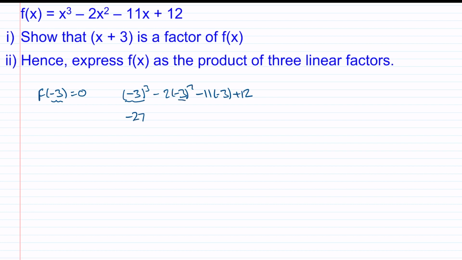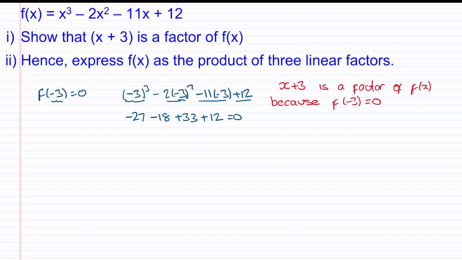Negative 3 squared is 9. 9 times 2 is 18. So minus 18. Negative 11 times negative 3 is positive 33. And then add 12. And this does make 0. So we know x plus 3 is a factor of f of x because f of negative 3 equals 0. And it's important to write down these statements when we do exam style questions.